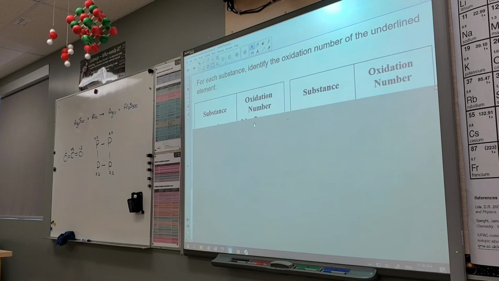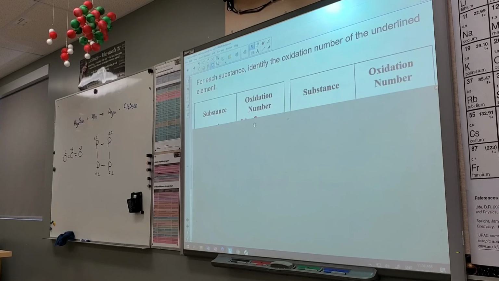It's a metal or something like ammonium, right? So this is a metal and a nonmetal. Well, it's a metal and something else that's charged. This is a compound. So we have to treat this as Al.